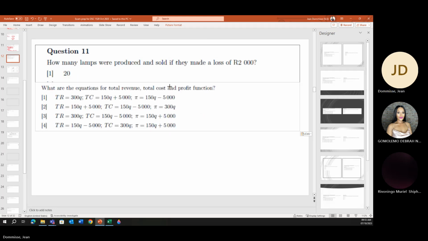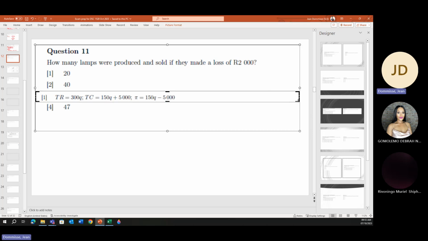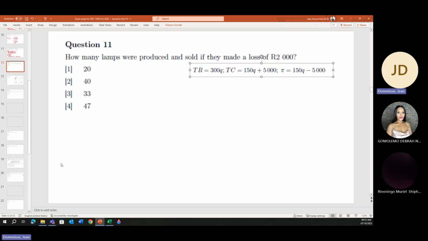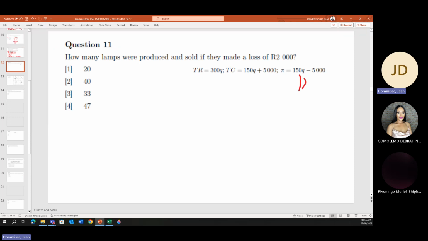Crop it, because we now knew that top one was the one we're going to work with. Okay, so they tell us in question 11 how many lamps were produced and sold if they made a loss of 2,000. Okay, so we can go to this profit function.